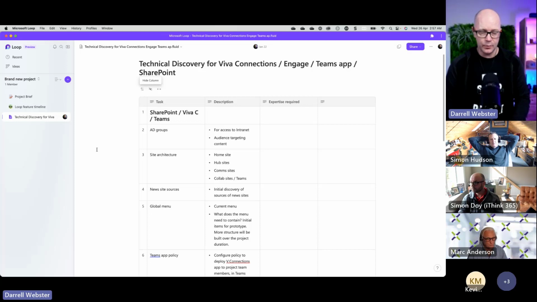We don't have Loop in Teams channels yet. We expect that it will be stored in the SharePoint site for the team, but we don't know. And I think we're getting hints here, if we look at workspaces, they're going into this strange, mysterious new storage which is powered by SharePoint, but we can't touch it. We don't see it in our SharePoint admin center. Okay, well, how do we manage this thing?